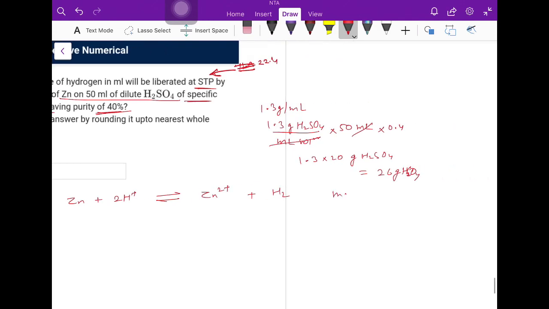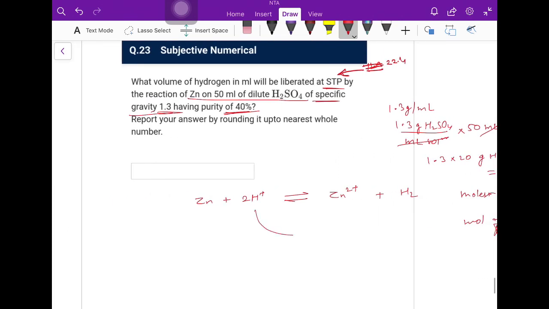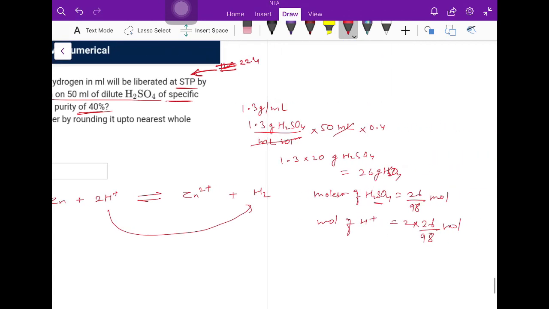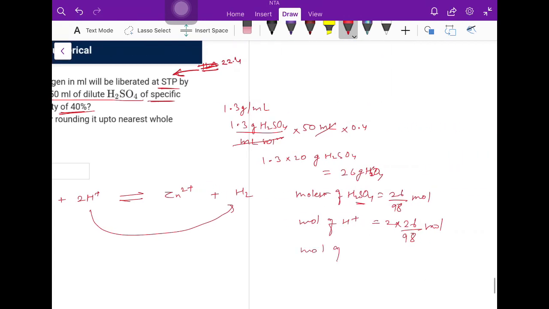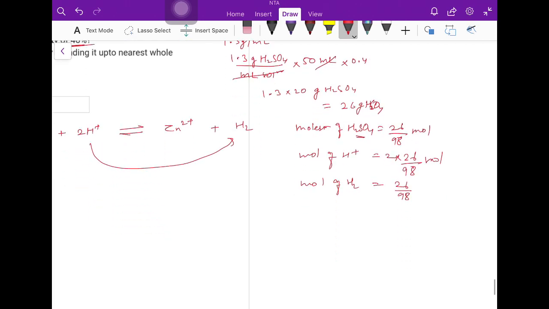Now moles of H2SO4 is equal to 26 upon 98 mole, and mole of H plus will be twice of this, so 2 into 26 upon 98 mole. Now we have got the mole of H plus, so mole of H2 will be half of it, so mole of H2 is equal to 26 upon 98, and therefore volume of H2 is equal to 26 upon 98 into 1 mole is 22.4 liter.